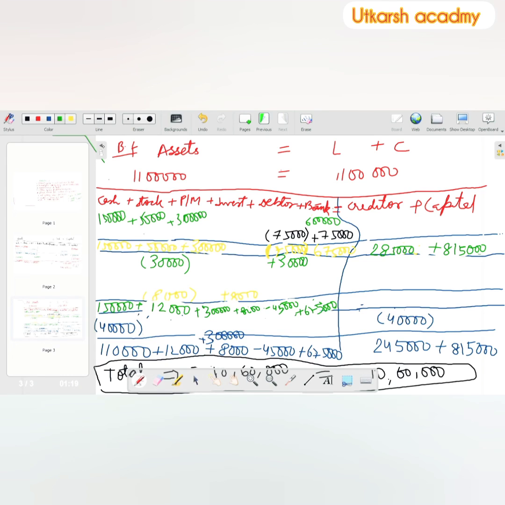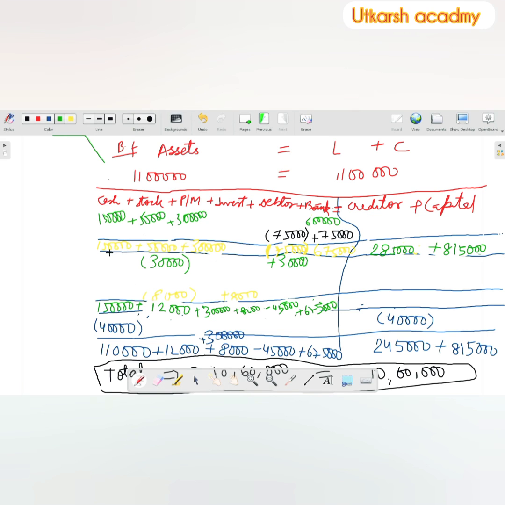See, these are being carried forward. See, debtor has been reduced because we have realized the 75,000 from the debtor. Fine. And this money has been received by check, so this will be directly deposited into the bank column. Fine.